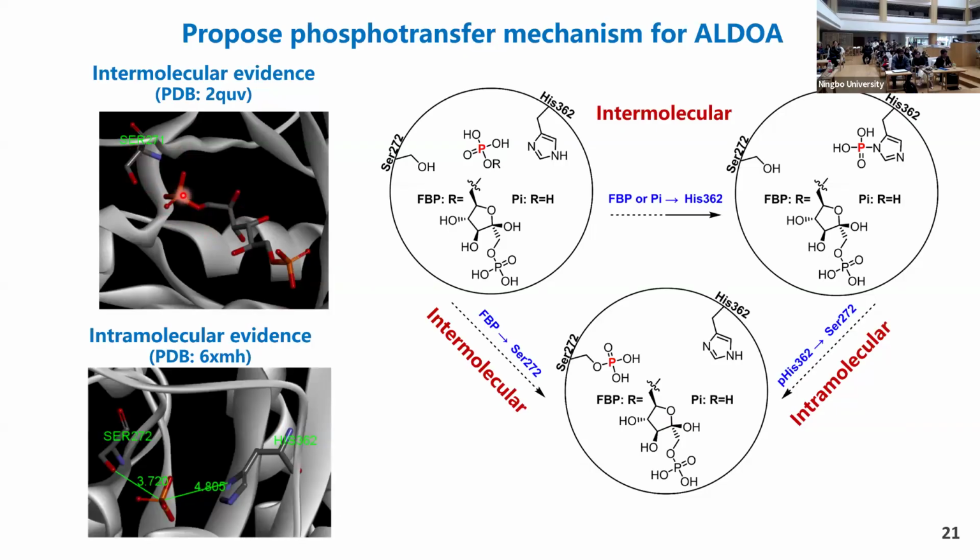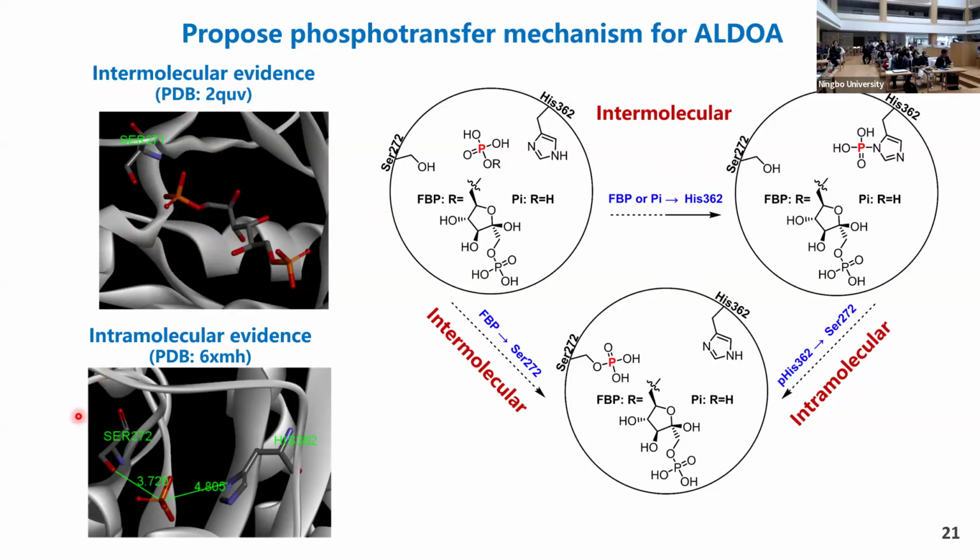And it's very interesting, not by a kinase, but just by its substrate. It can capture the phosphate from its substrate. So we call it intermolecular evidence, or intermolecular phosphate transfer mechanism.